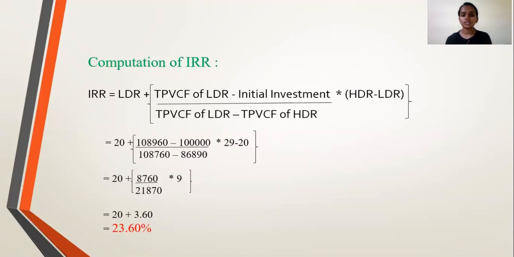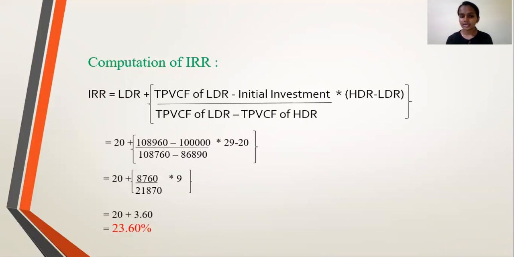So the total present value of cash flows for LDR minus the initial investment, divided by the total present value of cash flows for LDR minus total present value of HDR. So you subtract both the values, you get the answer. Multiply it by 9 because the difference between the discount rates is 9%.